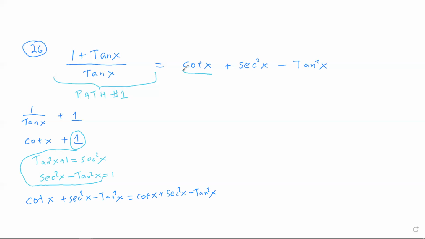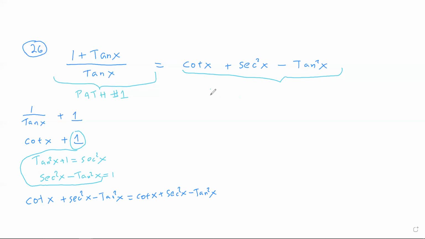Now, path number 2 would be to use this to work on this side, and that would be very similar. So we've got cotangent of x.